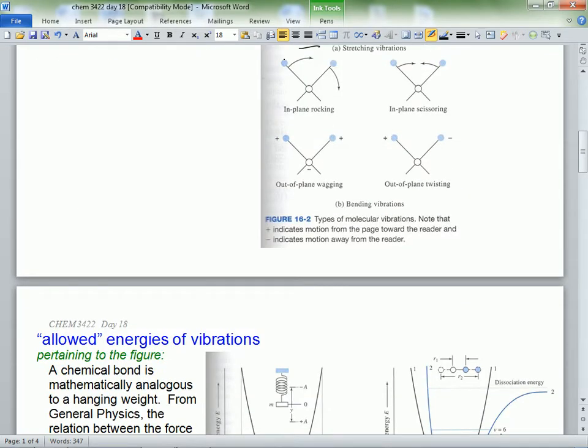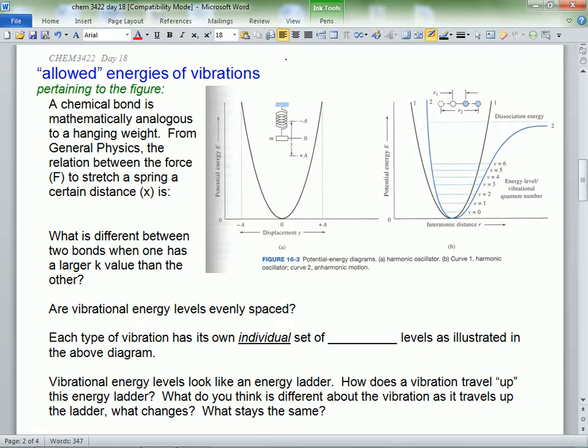Okay. Allowed energies of vibrations. Should have probably talked about this first, but that's okay.